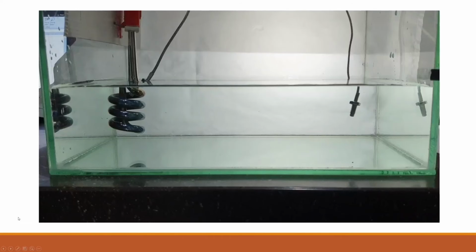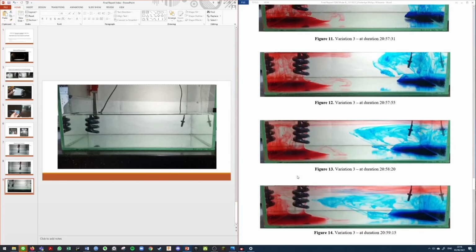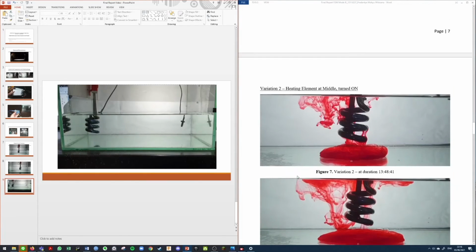Okay, and then we move to the data analysis. From data analysis, we go straight to the second variation.